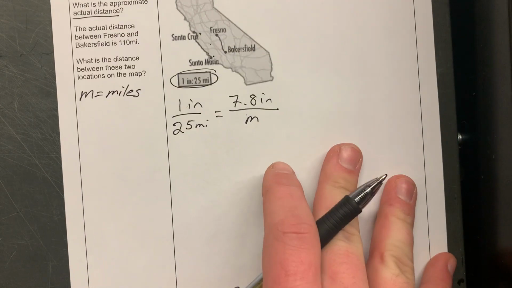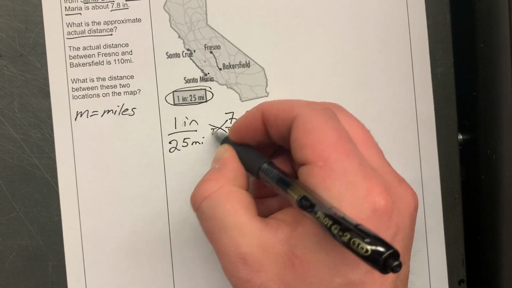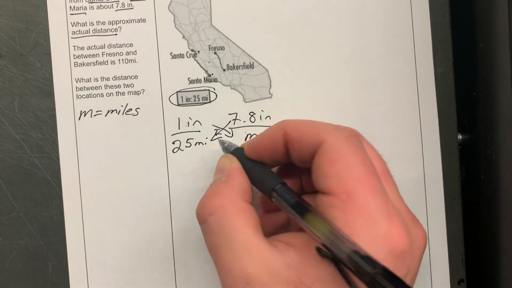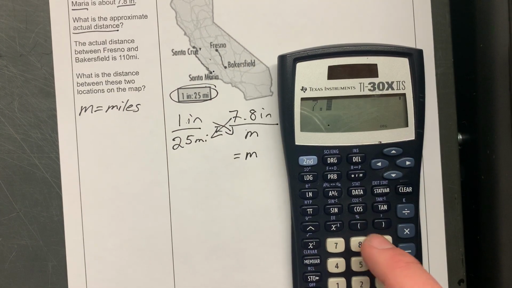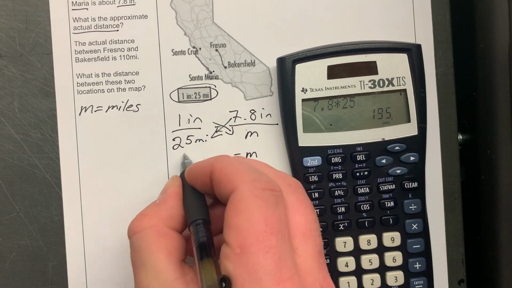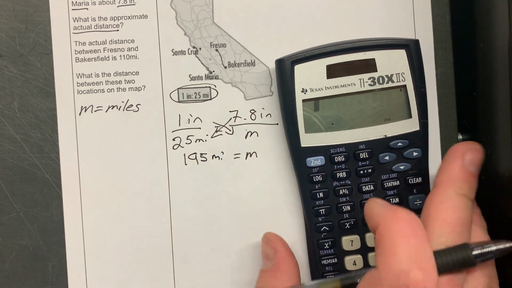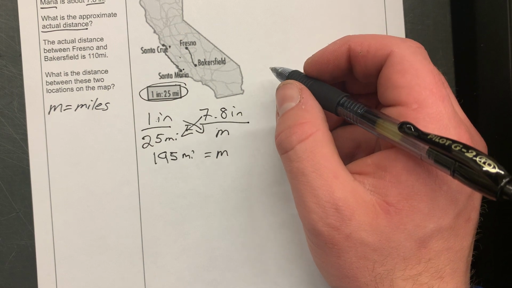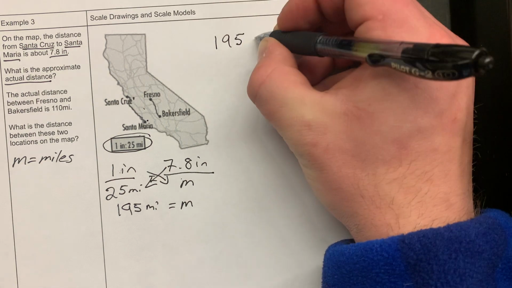All that I need to do now is simply cross multiply like we have been doing the entire time. 1 times m is just going to be 1m. 7.8 times 25, if we do that here on our calculator, I have 195, and that would be my miles. So I have 195 miles between Santa Cruz and Santa Maria. Let's write that down right here.